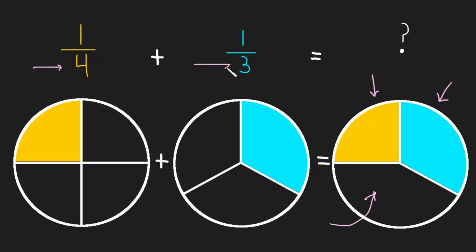Here we had 3 equally sized pieces. But in this last example, we don't have equally sized pieces, so we can't write it as a fraction. So what can we do? Well, maybe we can cut our pie into smaller pieces so that they're all the same size.